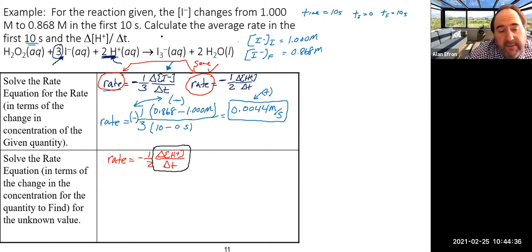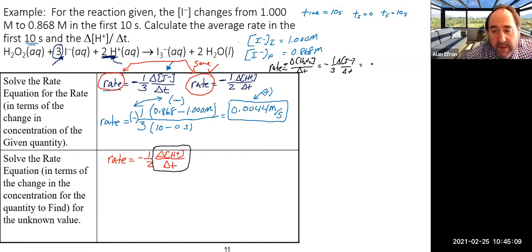So the H plus is not per se the same as the I minus, but the overall average rate for that reaction is the same. So it's actually the rate's the same. And that just goes back to, if we wanted to, for this reaction, pretty much write a rate expression where the rate is equal to the change in the concentration of H2 over 2 change in time, minus equals minus, like we have 1/3 change in the concentration of I minus over the change in time.